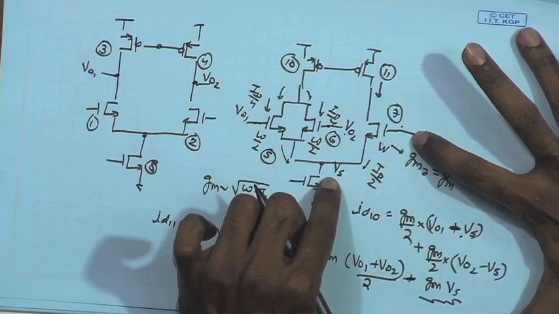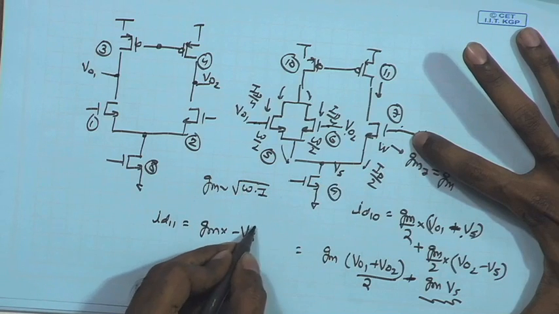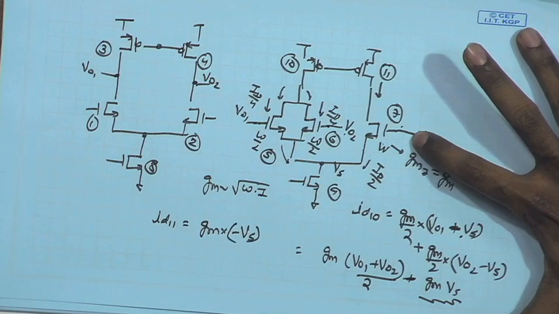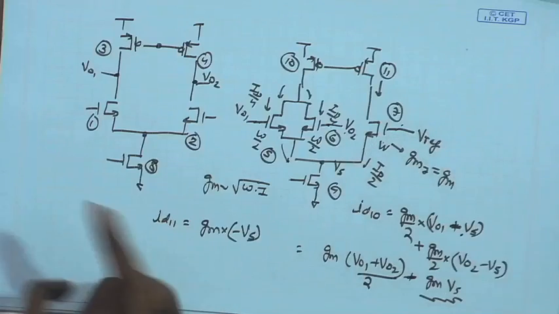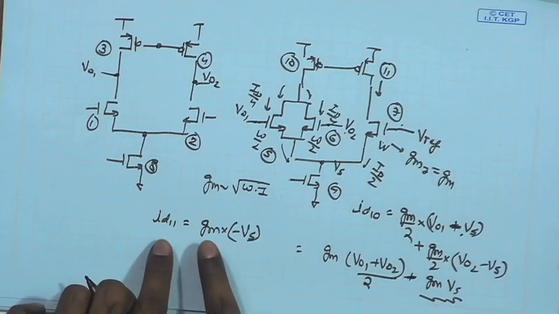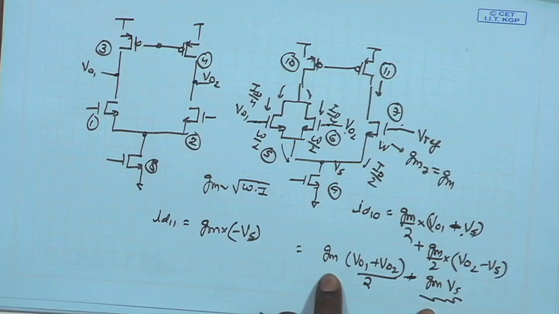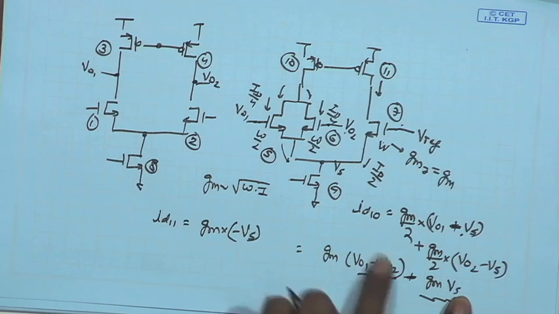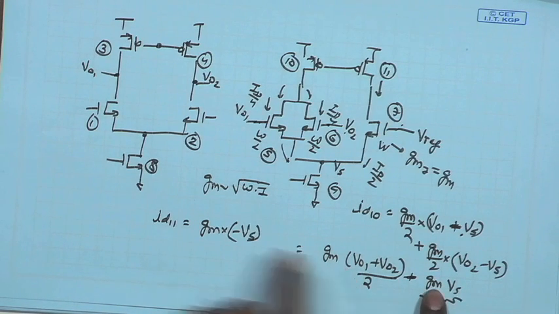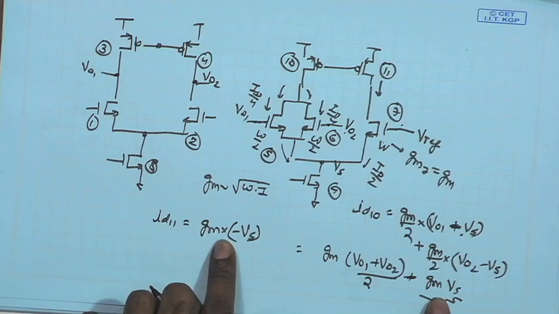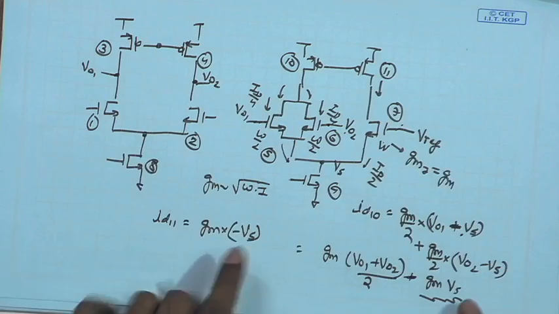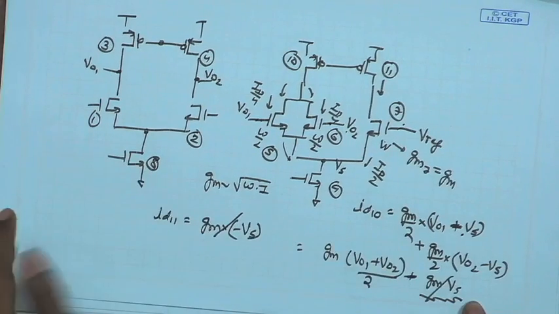So, VG becomes 0 minus Vs. Therefore, if I look at the differential current, ID11 is just GM times minus Vs, that is minus GmVs. ID10, on the other hand, is minus GmVs plus this quantity. As a result, this is the common quantity which will get subtracted if you look at the differential operation. So, I do not need to worry about this.